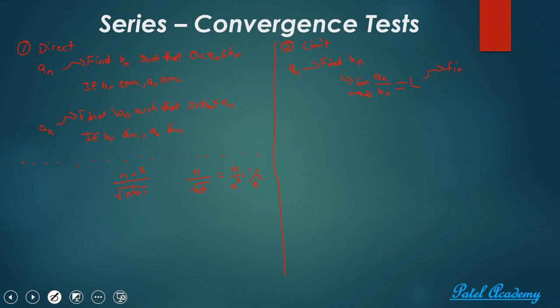So L must be finite and positive in this case. Then a at n follows b at n. What this essentially means is that both converge or both diverge.